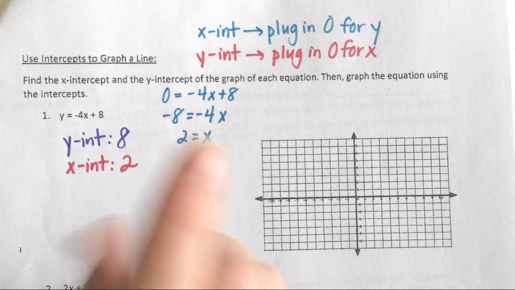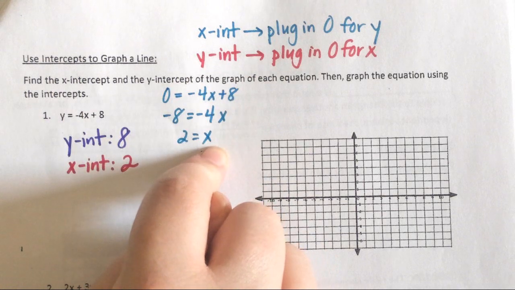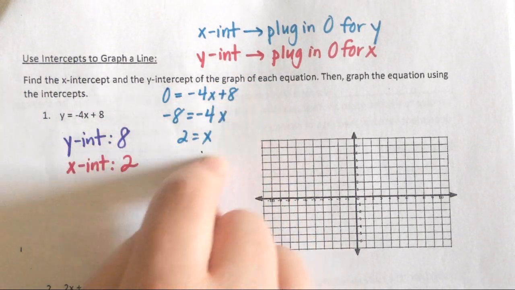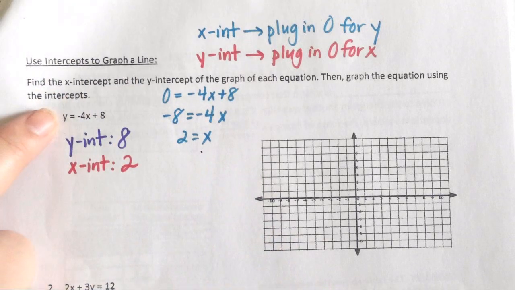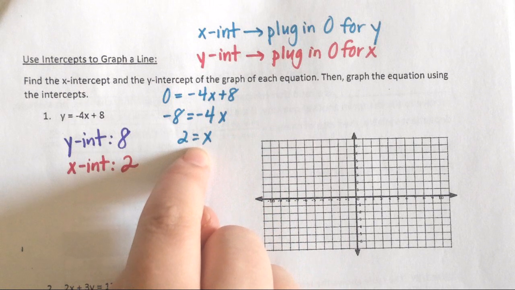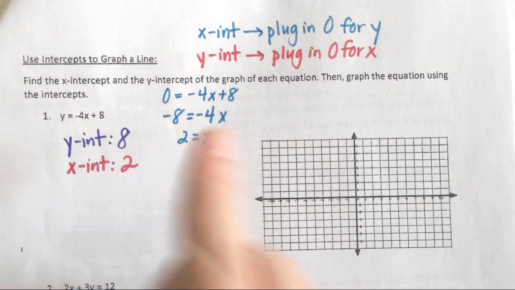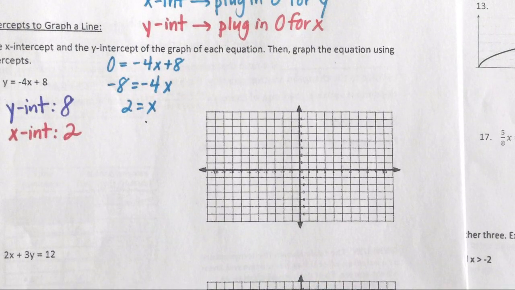Okay, so again, I get that Valeria could have graphed this equation a little faster than my math over here. But hopefully she's smart enough she can do a lot of this in her head. Because let's face it, when I thought through that 0, I moved the 8 over in my head. I divided by -4 in my head. I knew it was 2. I showed it on my paper to show you, but I can kind of do that in my head anyway. So I've learned my 2 intercepts.